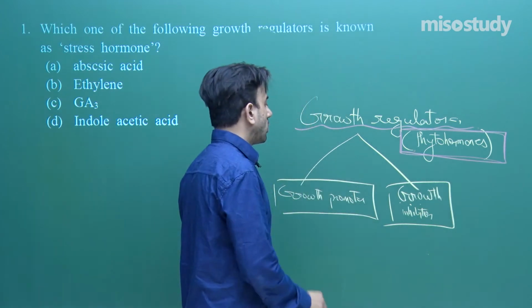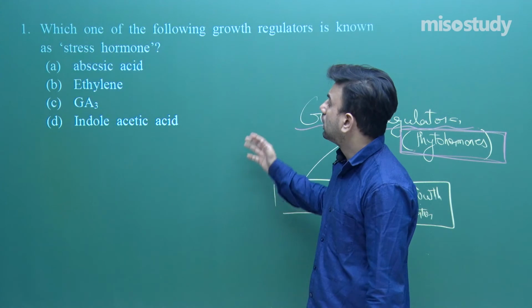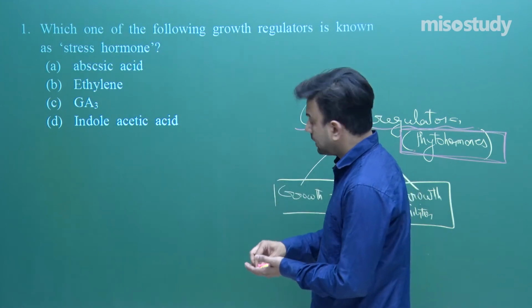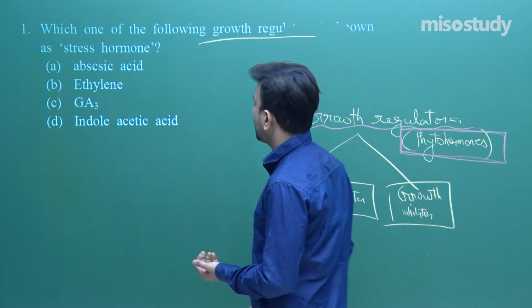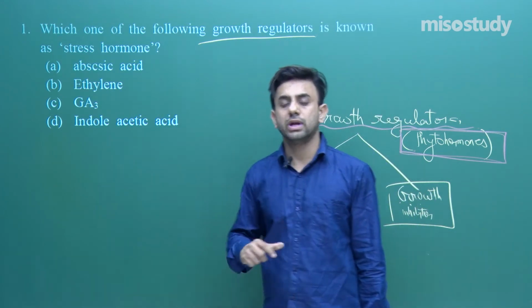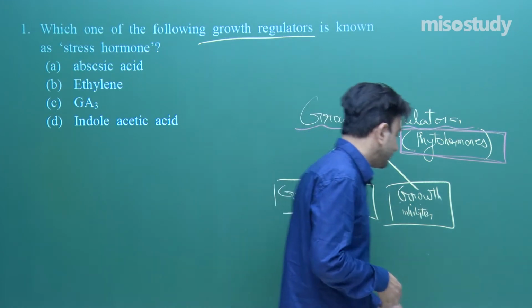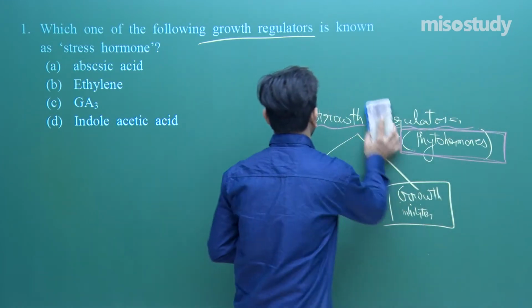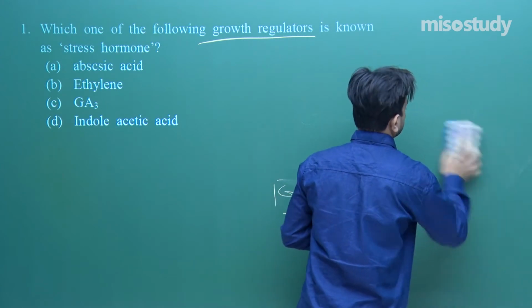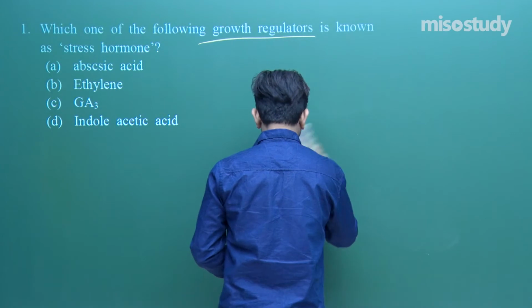So these are the phytohormones present in the growth regulators, and now which growth regulator is the stress hormone? Abscisic acid is always used as the stress hormone, that is, it becomes functional whenever the plant is in stress.